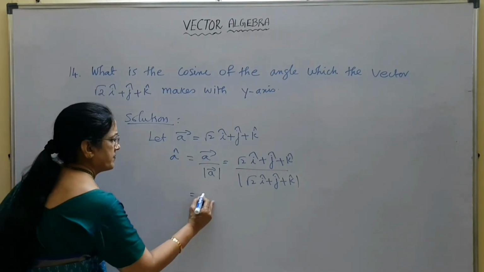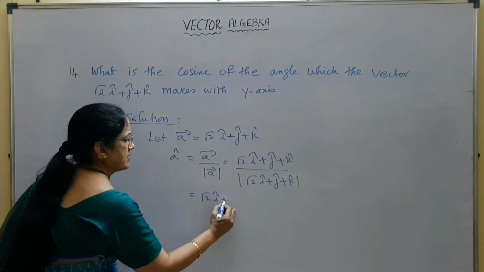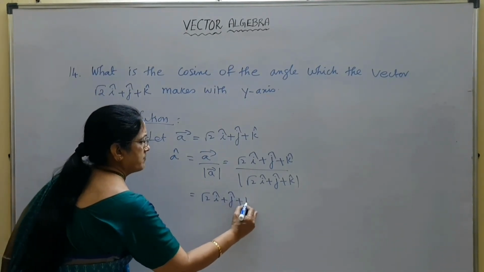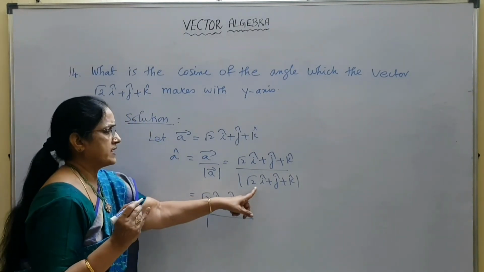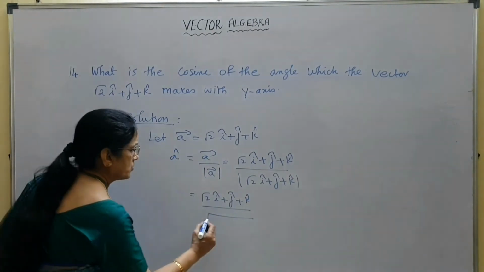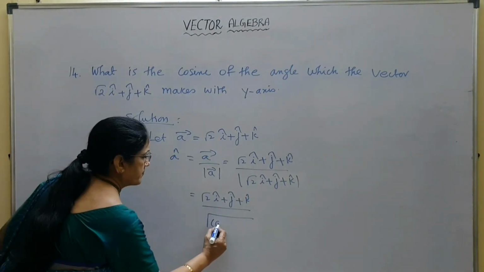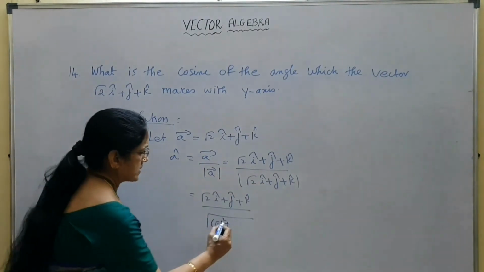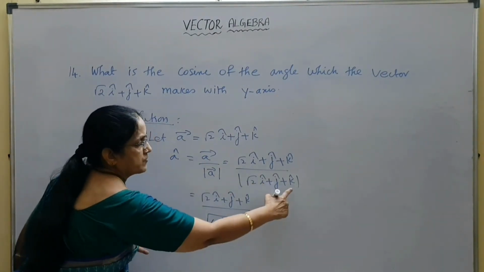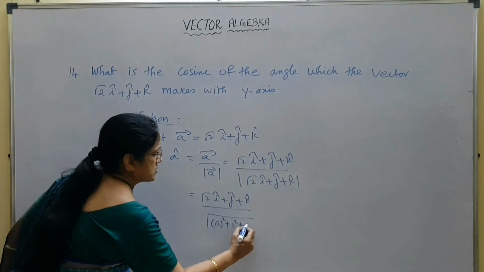This will be root 2 i cap plus j cap plus k cap by square root of coefficient of i cap here is root 2, so root 2 the whole square, plus coefficient of j cap is 1, so 1 square. Coefficient of k cap is again 1, which is 1 square.